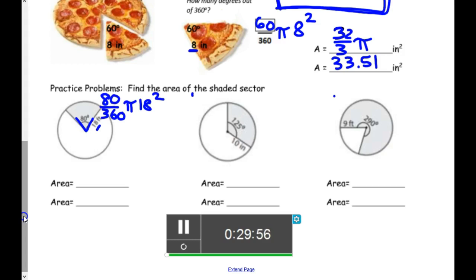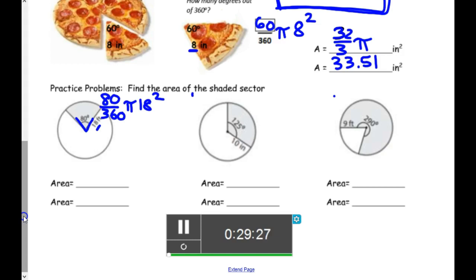All right, well, can everyone else do it? Can we do it?